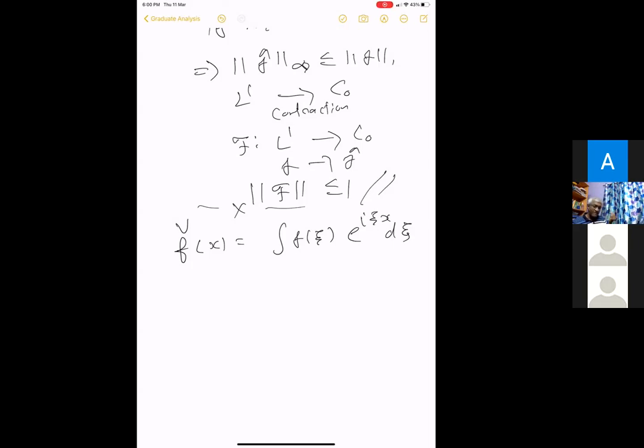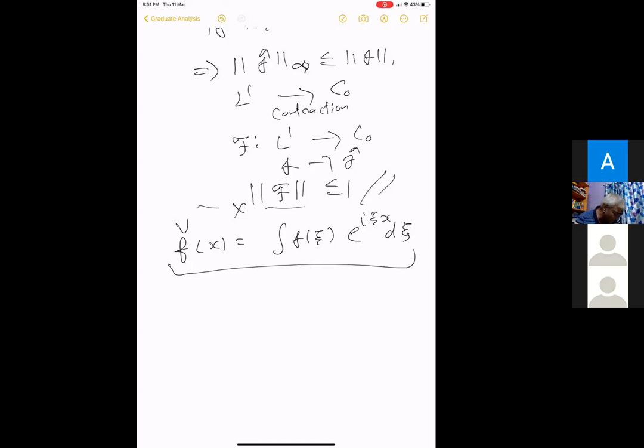Now the question is, if you have f in L1 and you know f hat, how will you get back that f from f hat? Whether this inverse Fourier transform formula is valid for f in L1.